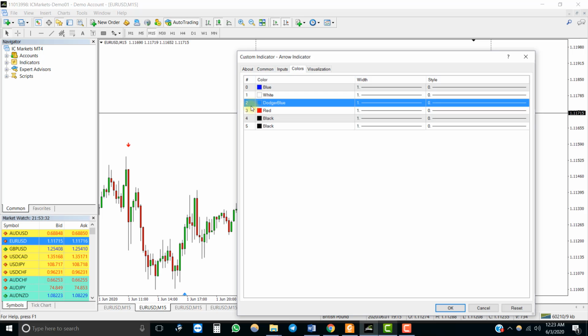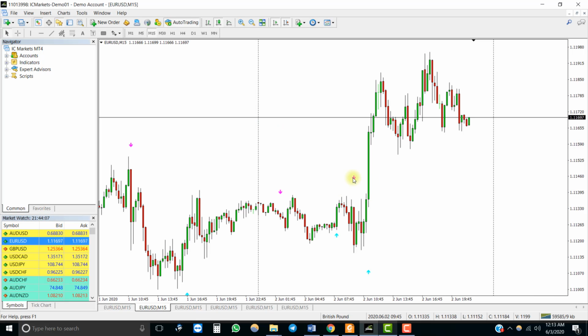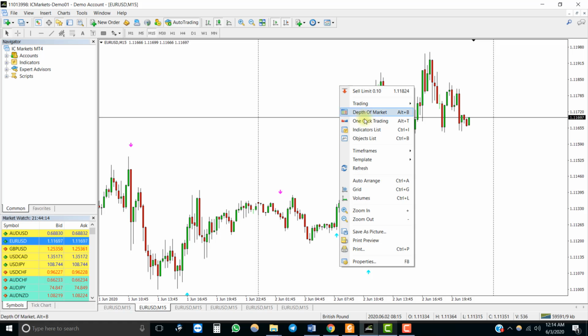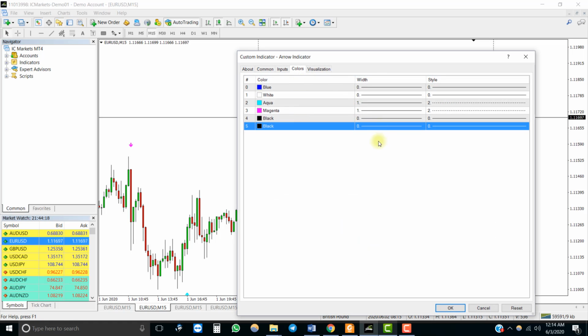You will further notice that the color ID for the buy signal is 2 while the color ID for the sell signal is 3. This type of indicators whose signal colors can be customized from indicator settings colors tab are called buffer based indicators and they can be automated with our EA.